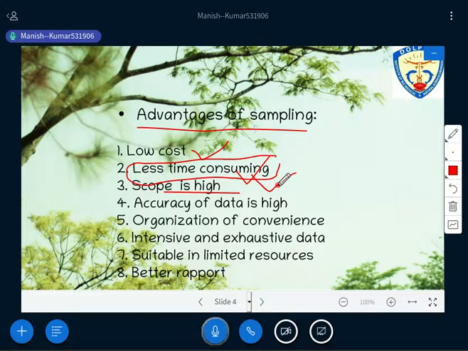Since you are a researcher doing this sampling practice, whatever result you get through the sampling, you are able to generalize, because we already studied that collecting a sample is a scientific process.